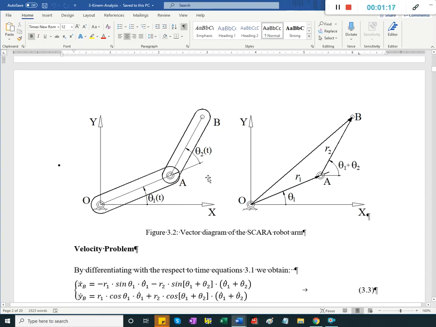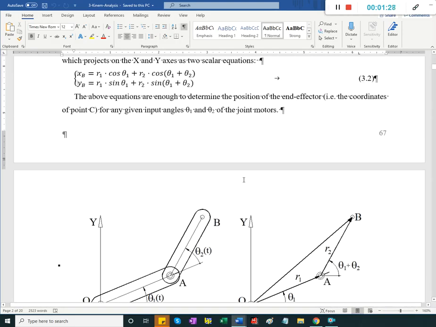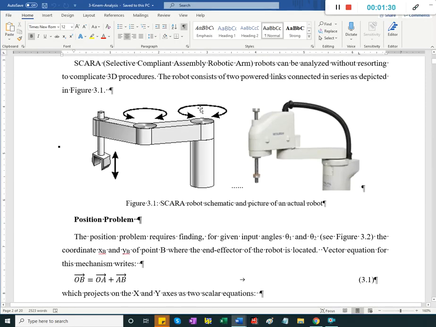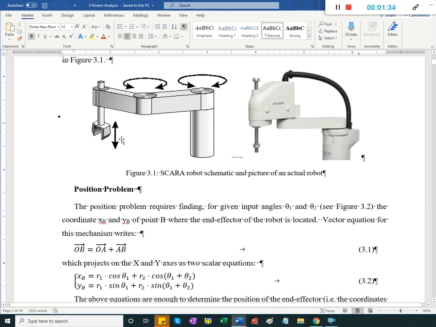When you do analysis, you know link lengths and the fixed angles of links in input motion. So we are given the two motor inputs, and we want to find the position, velocity, acceleration of the end effector as viewed from above.